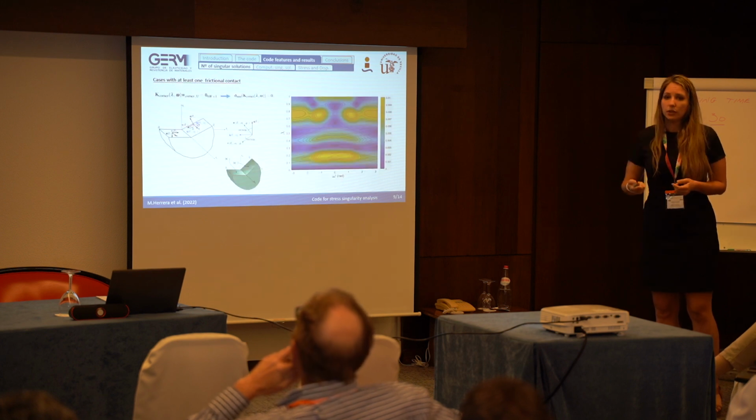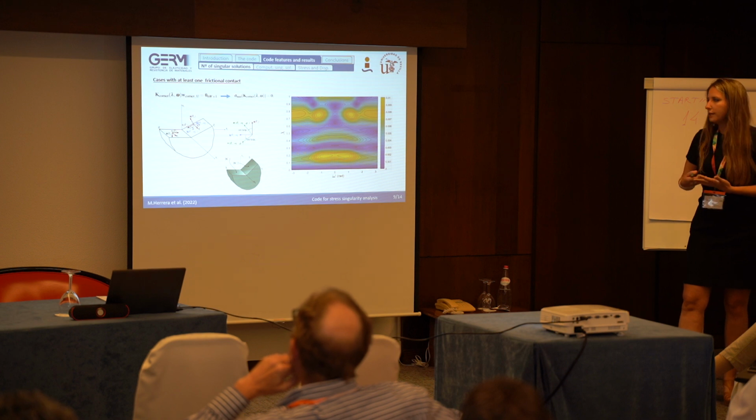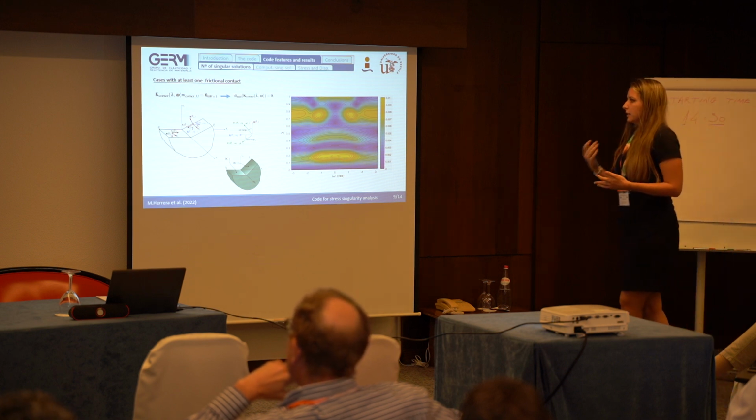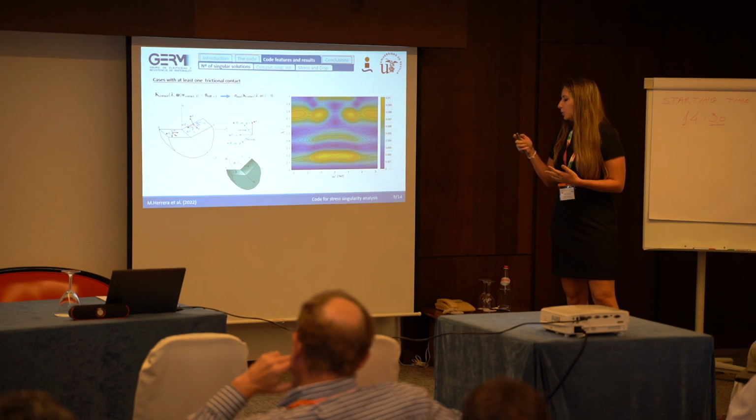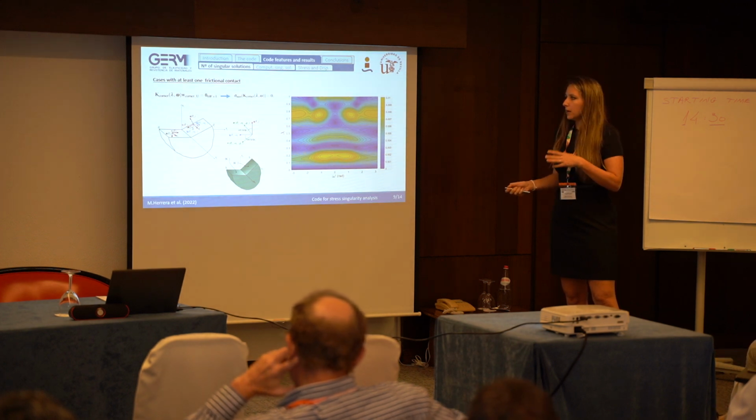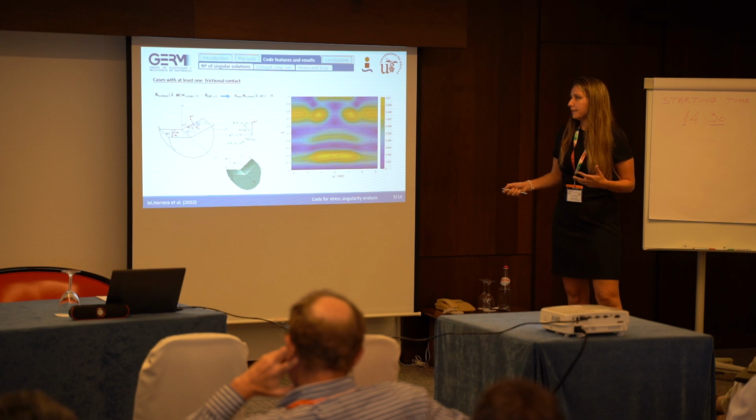When there is friction in some of the interfaces or boundaries, it is not possible to calculate directly by the determinant. So we have to calculate a singular value decomposition of this main matrix.